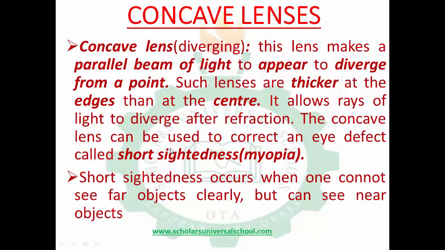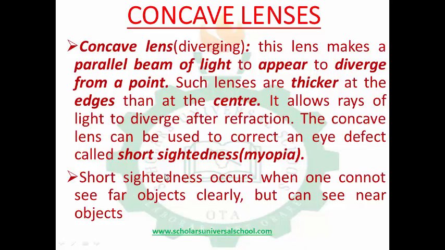The concave lens can be used to correct an eye defect called short-sightedness, myopia. Short-sightedness occurs when one cannot see far objects clearly but can see near objects clearly. That is, when the person can see objects closer to the eyes than objects far from the eyes, then the person is short-sighted.